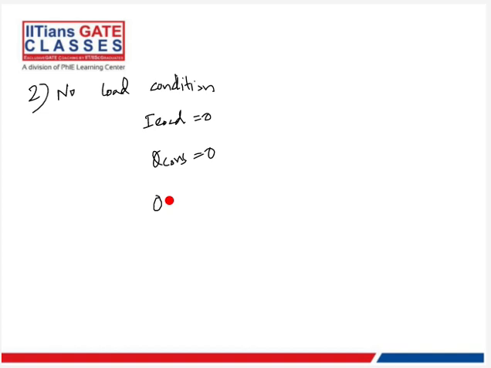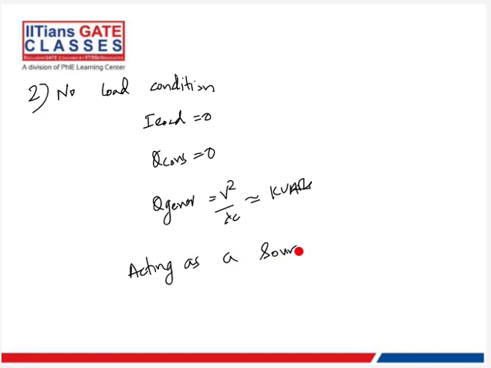And what would be Q generation? V square by XC will be in terms of kVARs. So this is now acting as a source, right, because Q generation is greater than Q consumption.